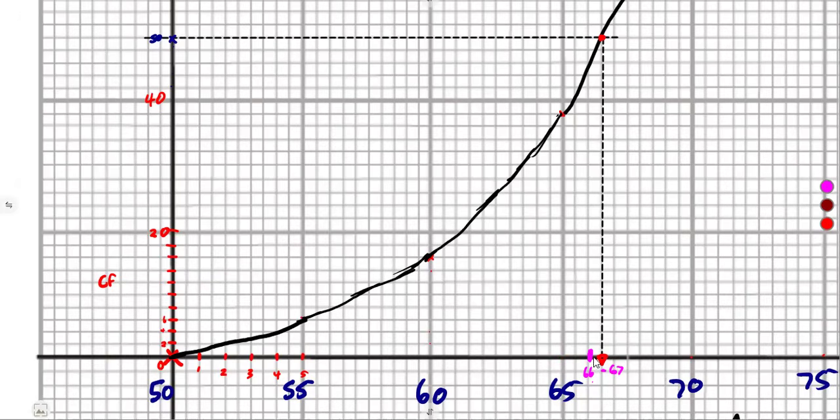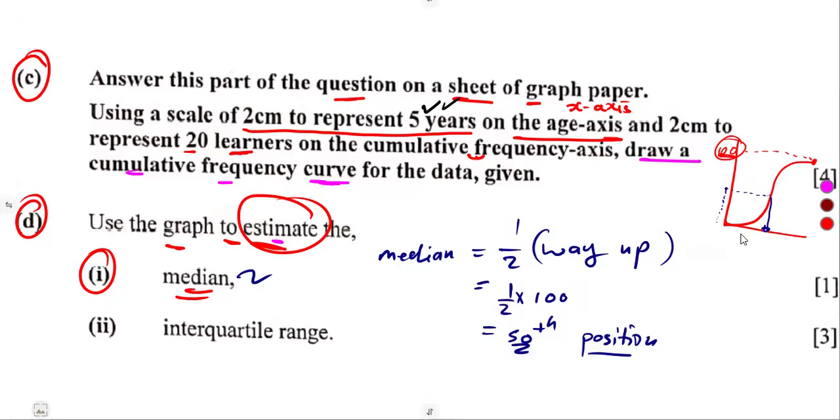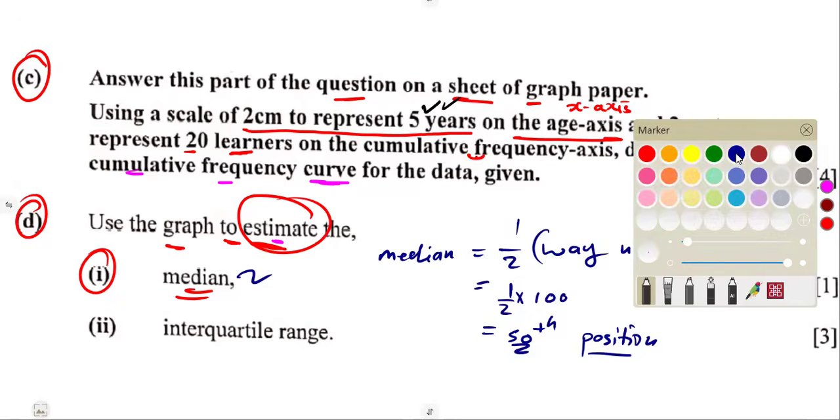You just add these two and divide by 2, or you just take it as it is, guys. 2 boxes is 1, so 1 box represents 0,5. So it was going to be 66,5 at that point. So this becomes the median value now.